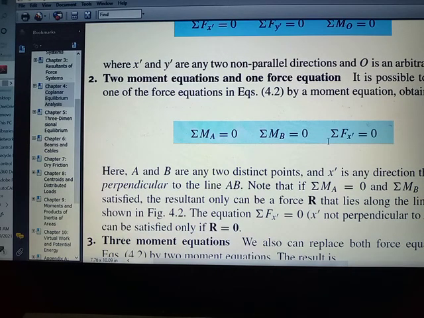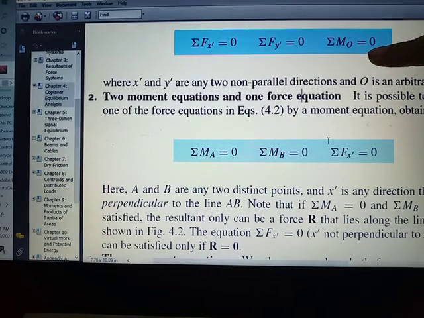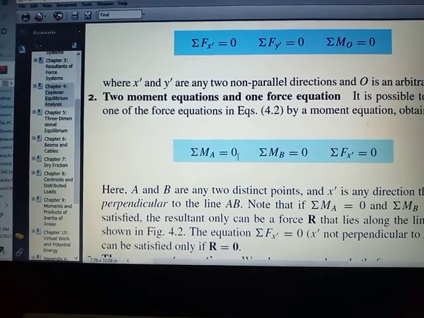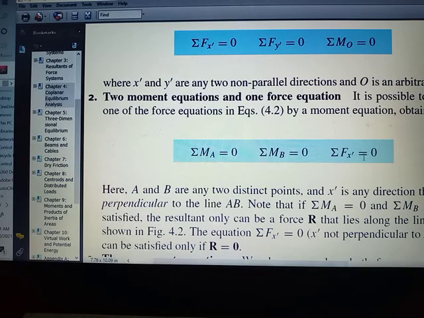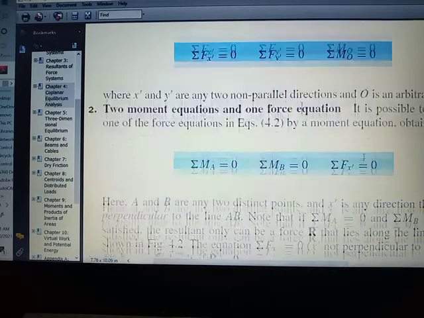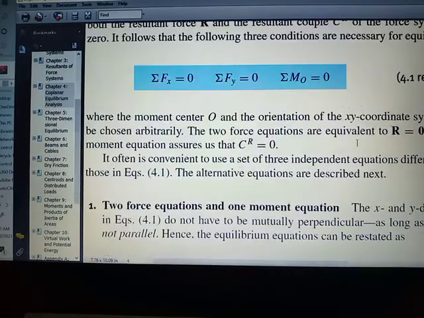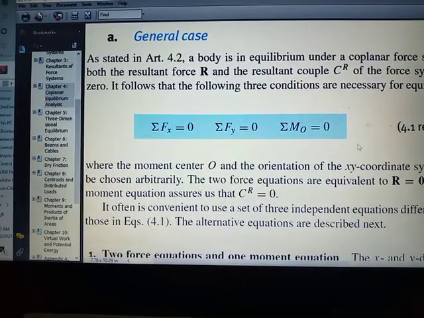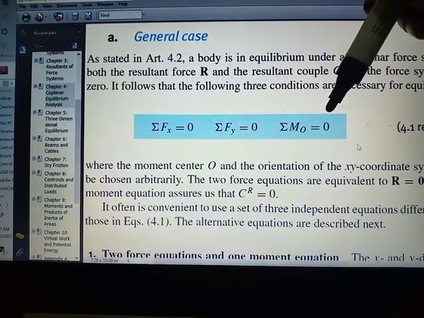So, pwede ka ring instead na ganito, okay, na normal, pwede ka ring gumamit ng mag-moment ka ng dalawa at saka mag-summation ka ng forces sa isang, okay? So, pwede ka mag two moment equations and one force equation. Okay, so apat yung actually yung condition mo. For general case, ito yung pwede mong gamitin.